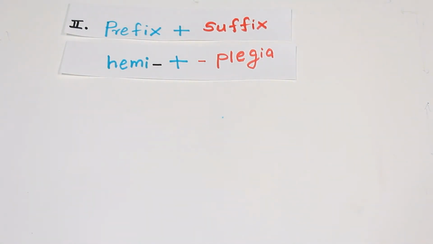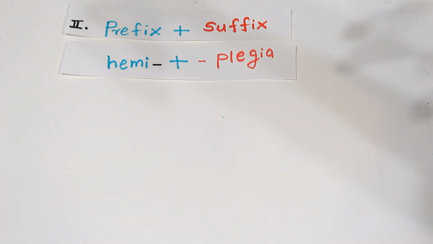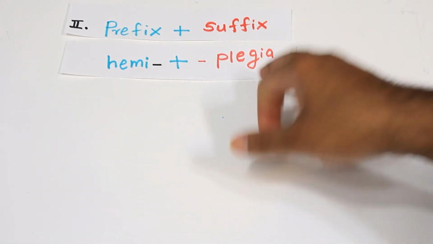So this prefix is combined with a suffix, like hemi. Plagia is the suffix.